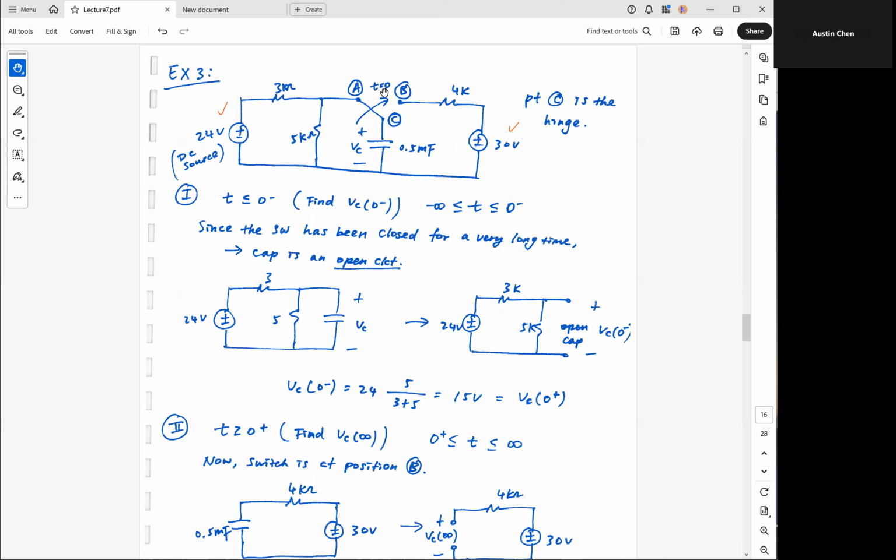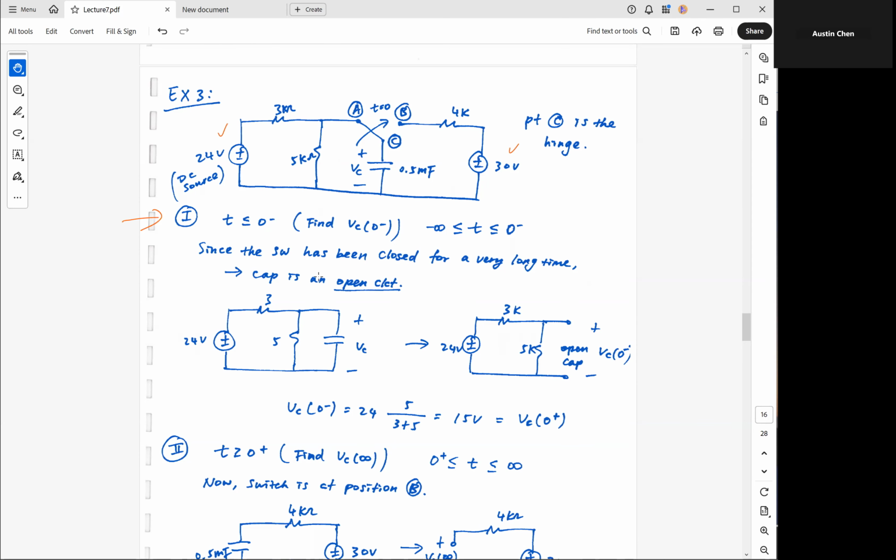We have this switch, and we have this hinge over here, and this switch is toggling between point A and point B. We recognize that before the switching event, this switch is sitting at position A. And after the switching event, the switch is going to move from point A to point B. So that's how we interpret this switch. All right, first things first.